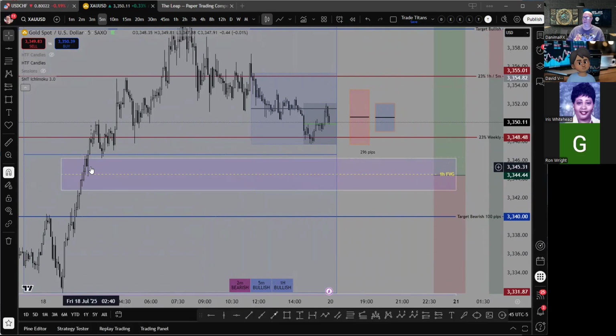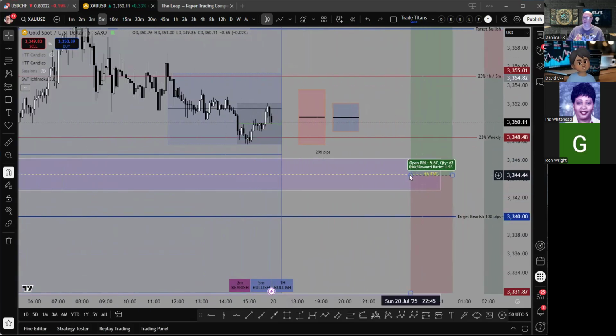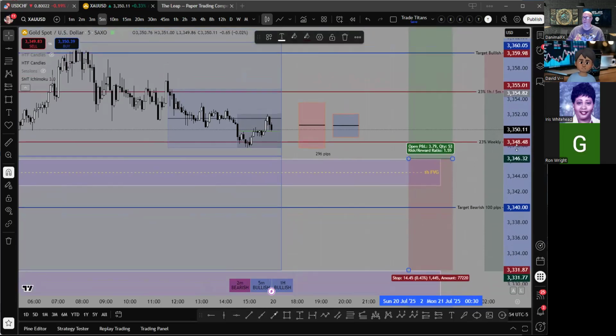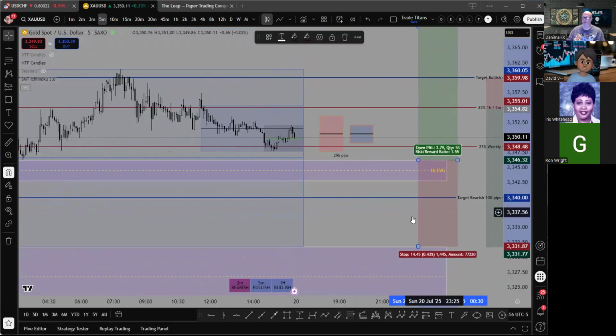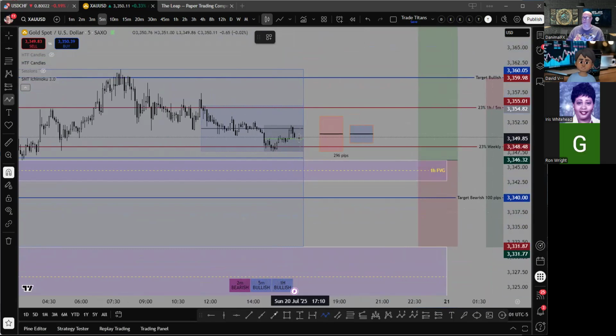So we could come back, and I'm hoping to see this move up here. If we get lucky, I'm looking for at least to come back, test this area, maybe give this a shot, at least maybe to here.